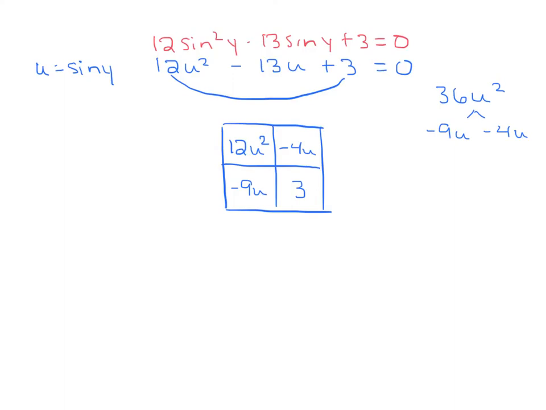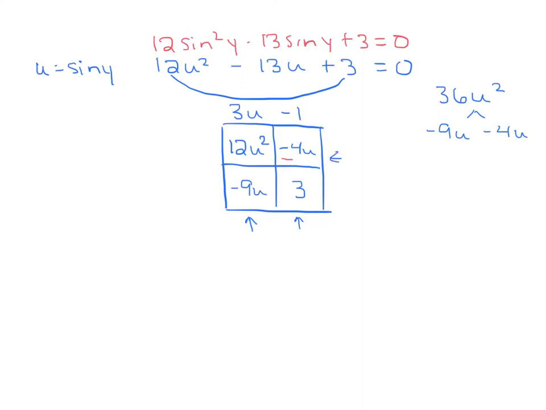So the common factor from this first column, I see a 3u. Common factor here, it has a 1. The fact that there is a negative right here tells me I'm taking out negative 1.